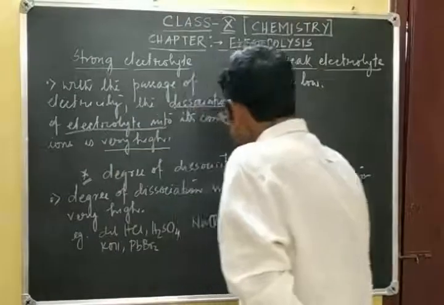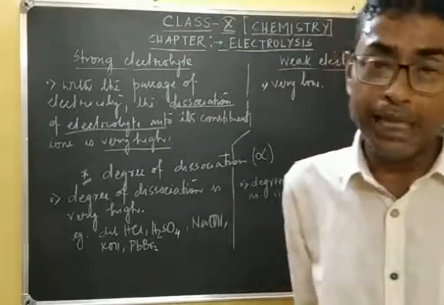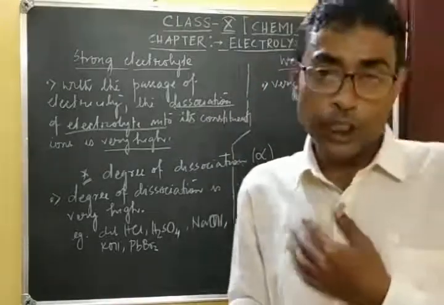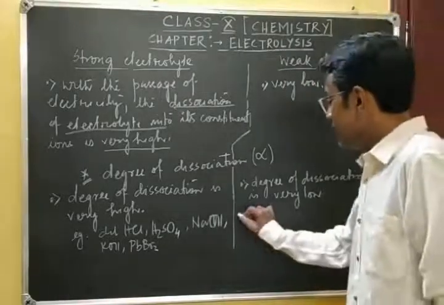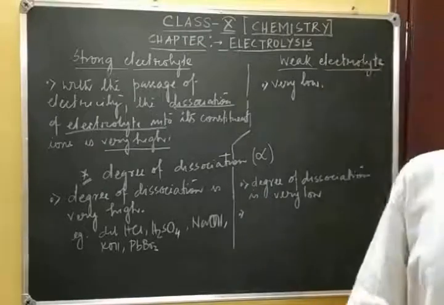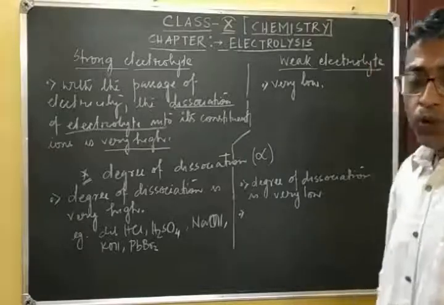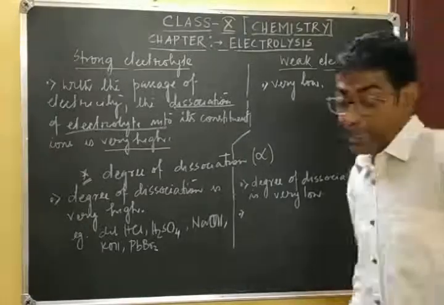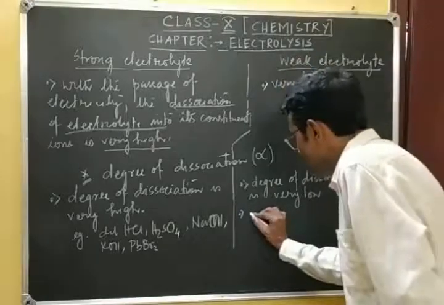These show a very high degree of ionization. That means they split into constituent ions when electricity passes through them. Now these are weak electrolytes, meaning they do not undergo dissociation into constituent ions when electricity passes through them. The example I can give is pure water, a very weak electrolyte, and remember, all molecules.